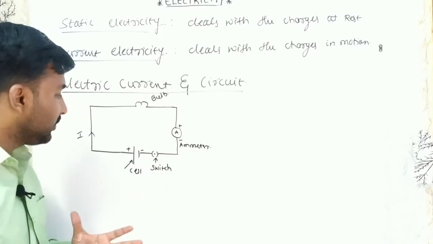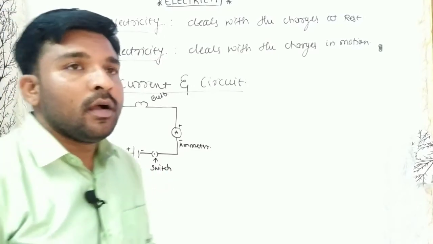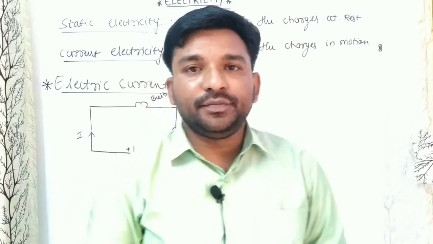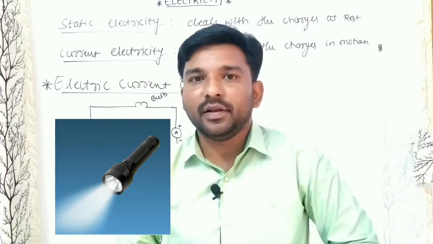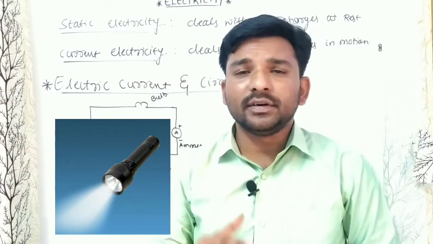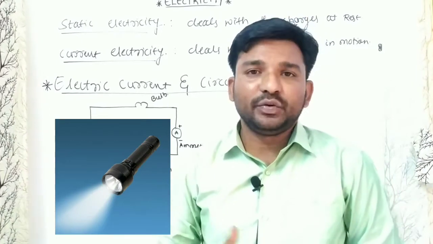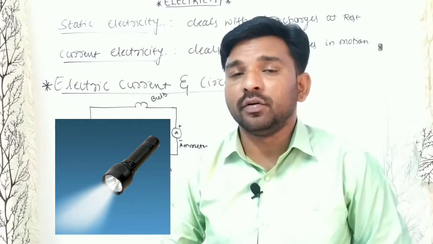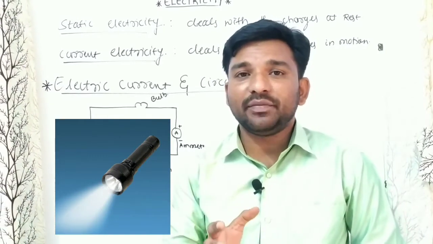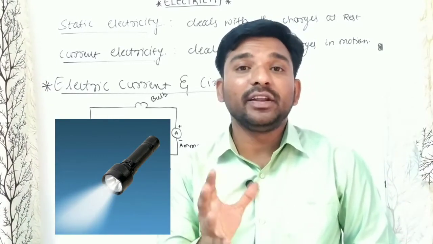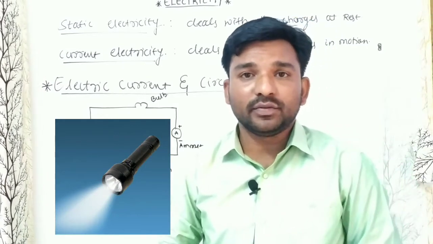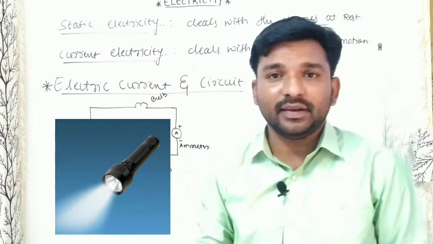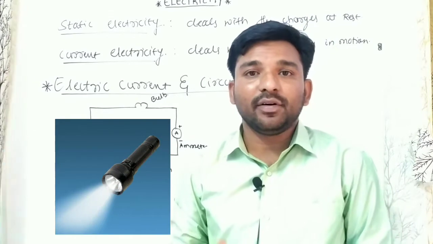Now let's take an example, a torch. In the torch we have an electric bulb and two or three cells. When the torch switch is on, the electric bulb will glow. So if we are getting light, we somewhat call this current.